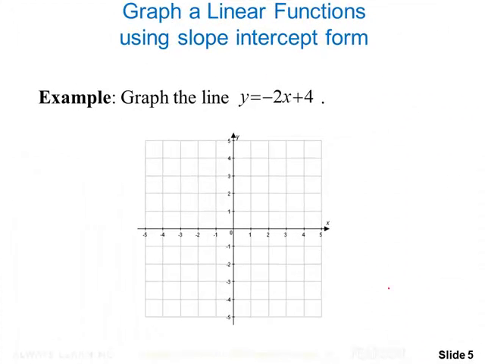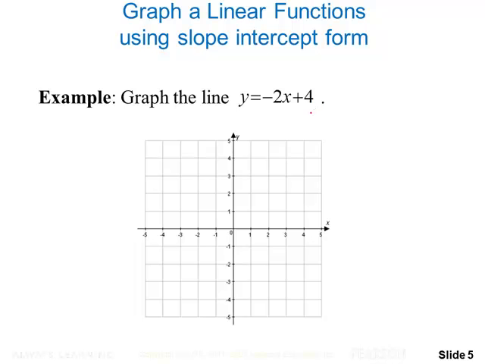Let's take a look at another example. Here we're asked to graph y equals negative 2x plus 4. Our equation is already in slope-intercept form. We see that the slope is negative 2, so our graph should fall from left to right. And we also see that the y-intercept is 4.